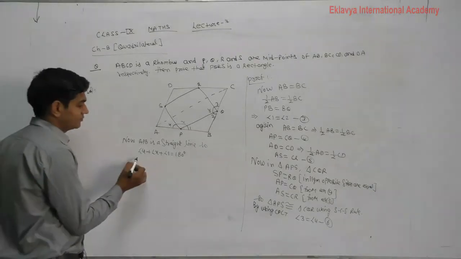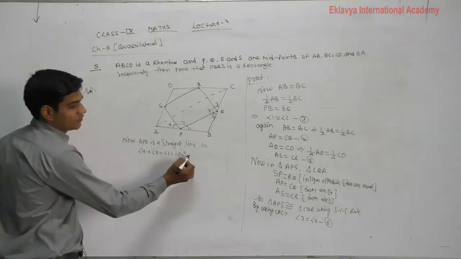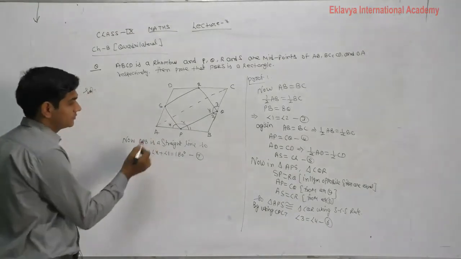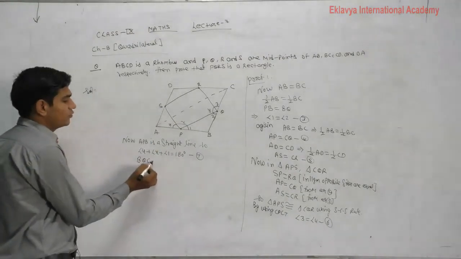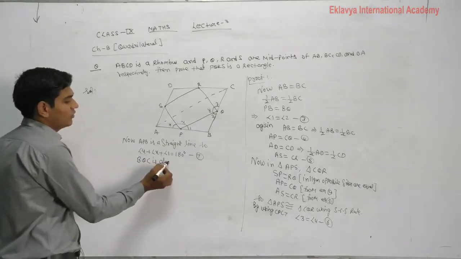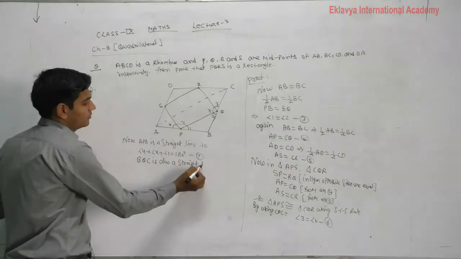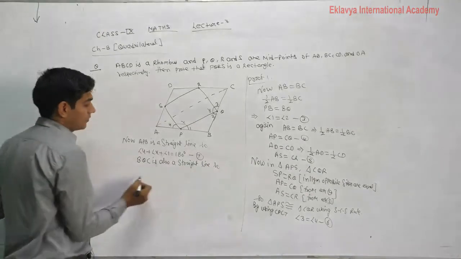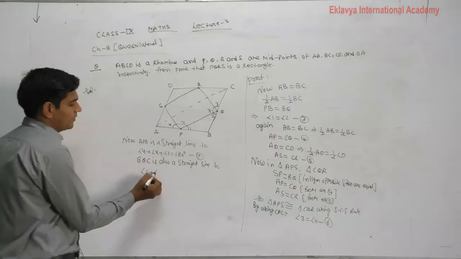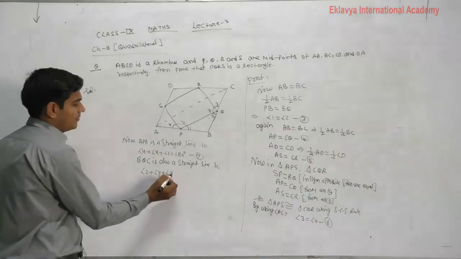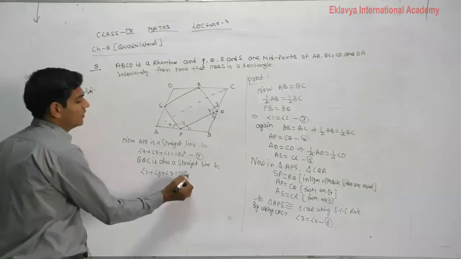Next, equation number 7. BQC is also a straight line. So angle 2 plus angle y plus angle 3 is equal to 180 degree.